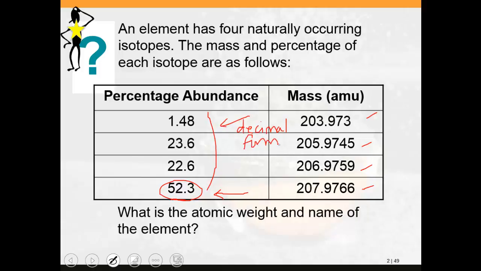And just as a reminder, to get a number in percentage into decimal form, divide it by 100. So we have 0.0148. And now that's in its decimal form of the percentage, and we're going to multiply that by the mass of the isotope that has that abundance. And so we'll get some number in AMUs. And we're going to do that for all 4 isotopes.